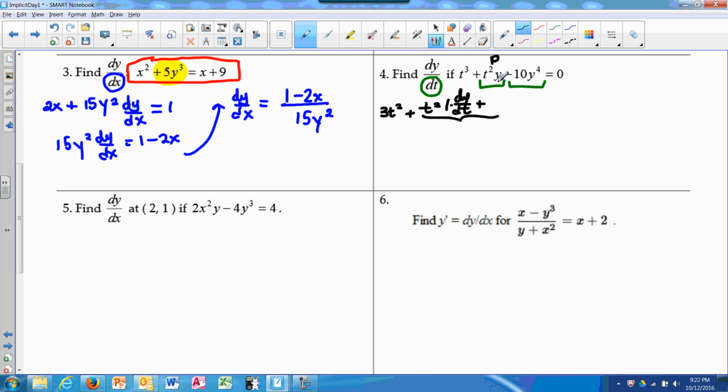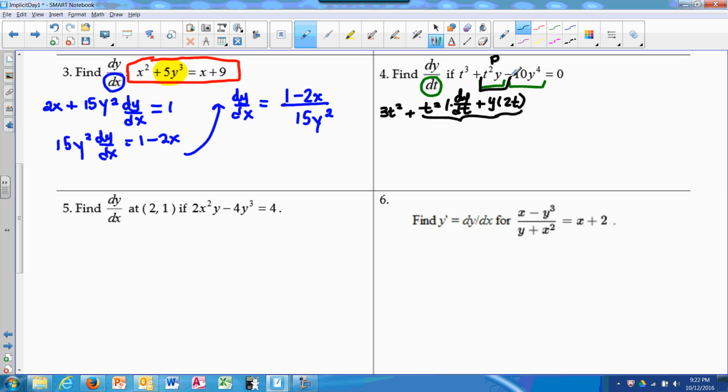Plus, in my product, and again, don't forget to do the product rule, because we're so worried right now about doing our dy dx's and dy dt's, we sometimes forget all of our other rules. So we had first times the derivative of the second, plus the second term, which was y, times the derivative of the first term, which is 2t. So that was all just doing my product rule.